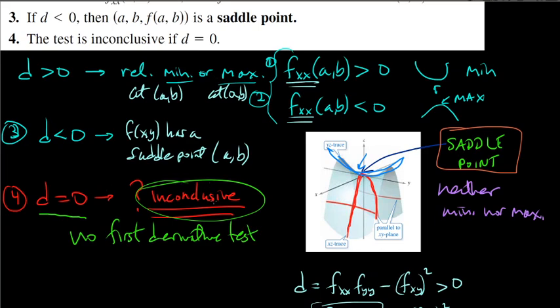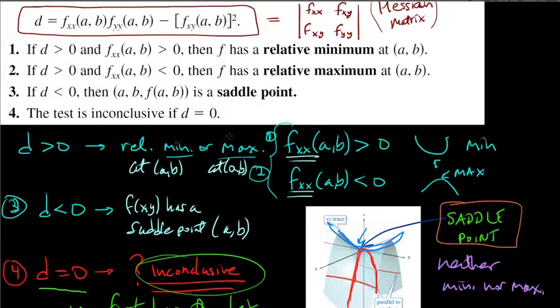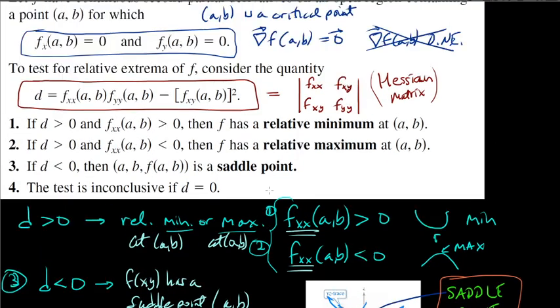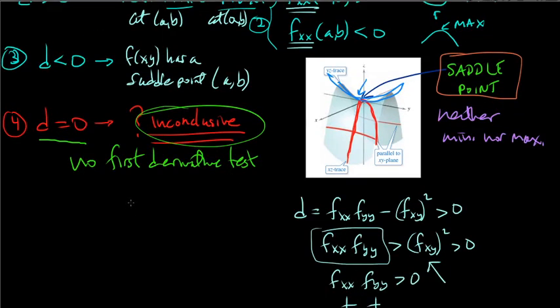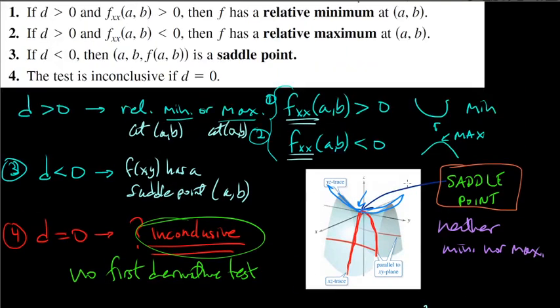But when D is 0, there's no way to tell which it is, at least not based on just this information. You would have to base it on some other information, like the graph. If you can look at the surface of the graph, that might help. But unfortunately, we don't have a first derivative test to fall back on here.